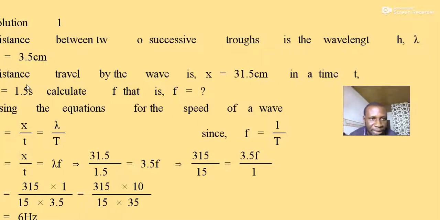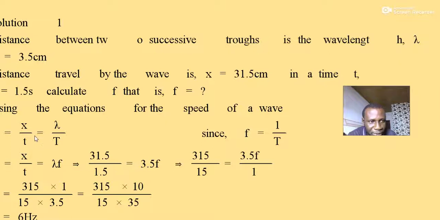The distance traveled by the wave is x, and that one is 31.5 centimeters in time t. It traveled that distance in time t, and that time t has a value of 1.5 seconds. We should find the frequency f.